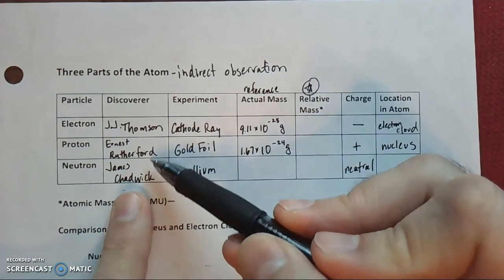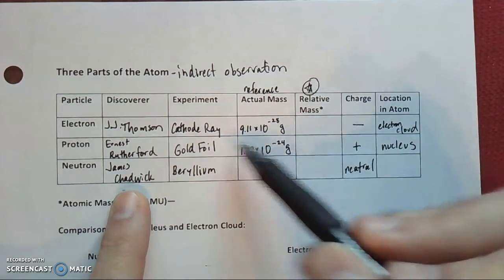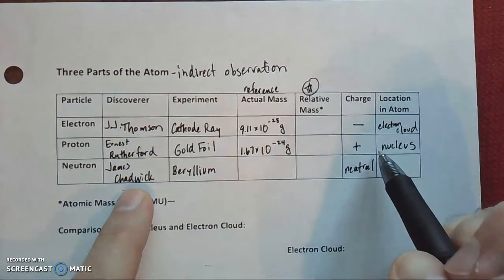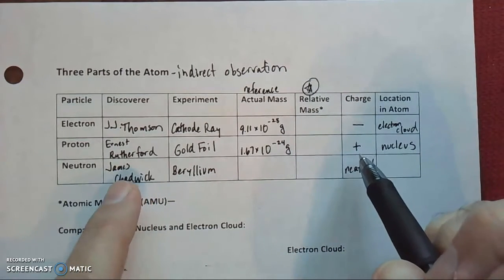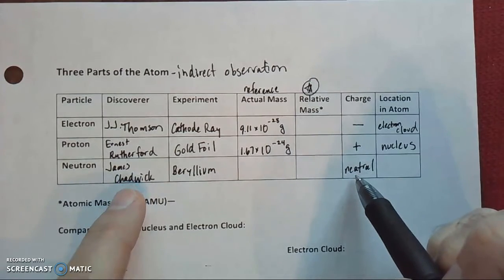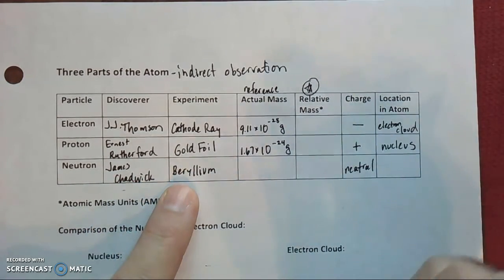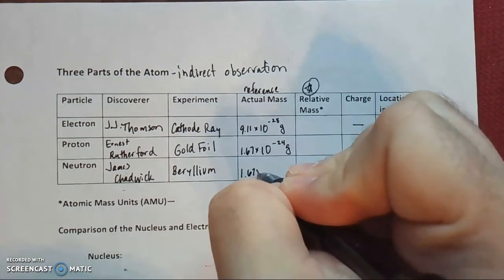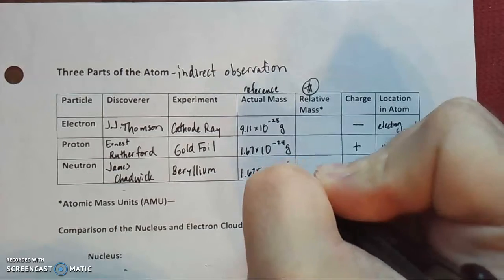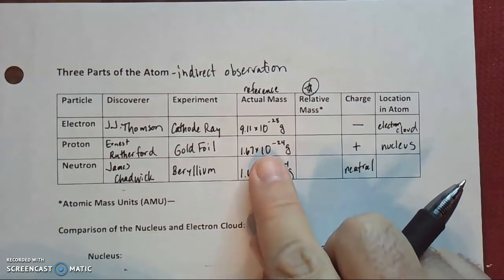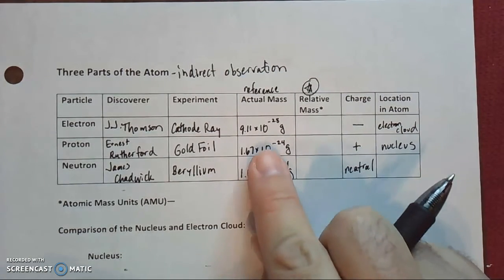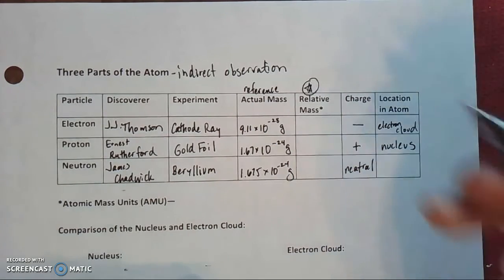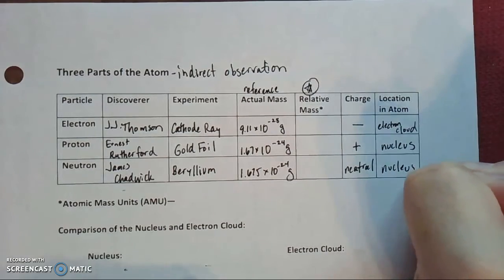And he was actually a student of Rutherford's that was working with him on this. And what they found is, well, this nucleus, there has to be something else there, but they couldn't detect it using other means, so they had to come up with a way to detect it. And they did using radioactive materials. And the actual mass of this is 1.675 times 10 to the negative 24th grams. So it's very close in mass to the proton. Both of these are so much bigger compared to the electron, and its location is also in the nucleus.